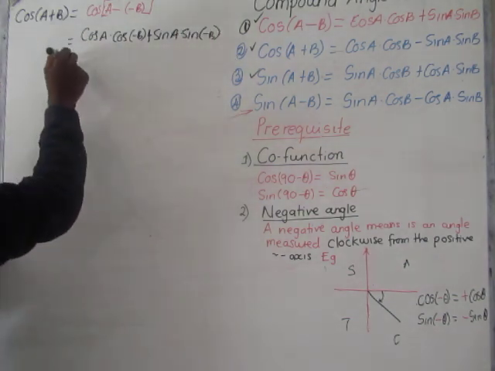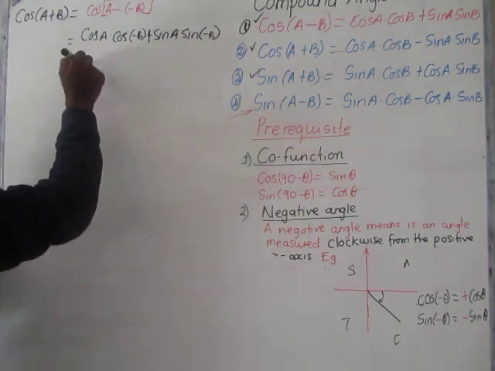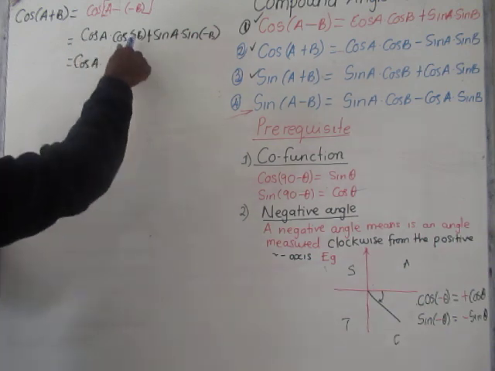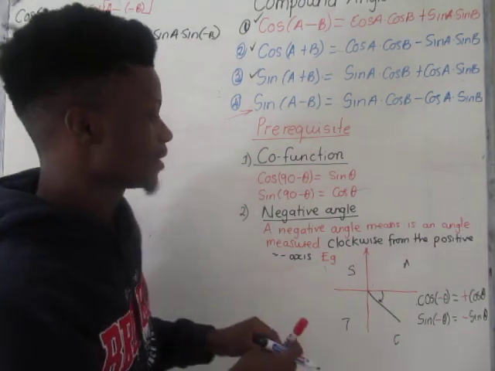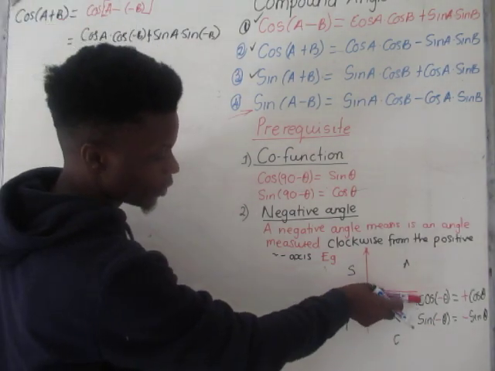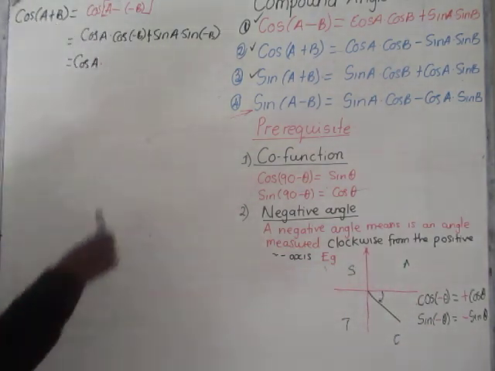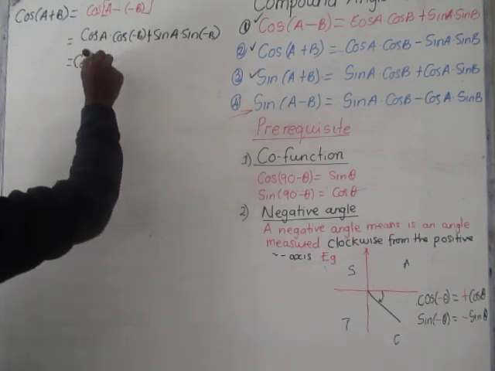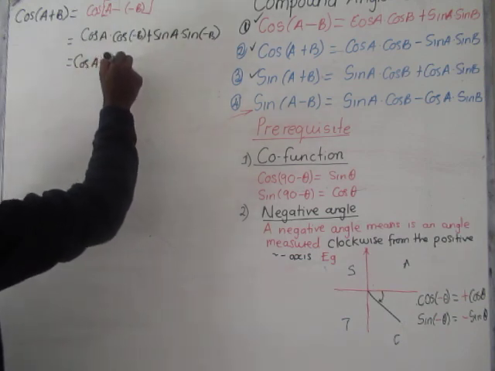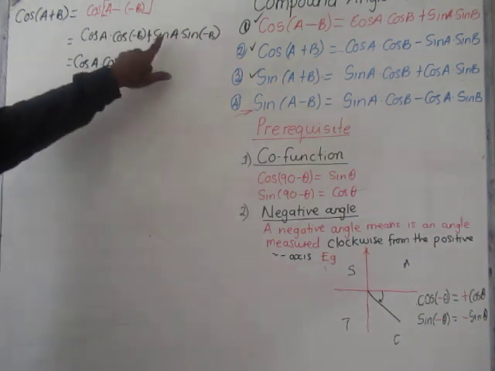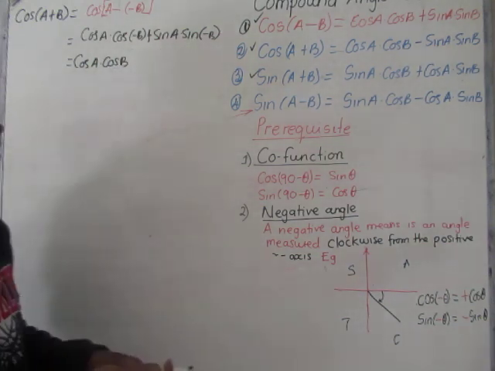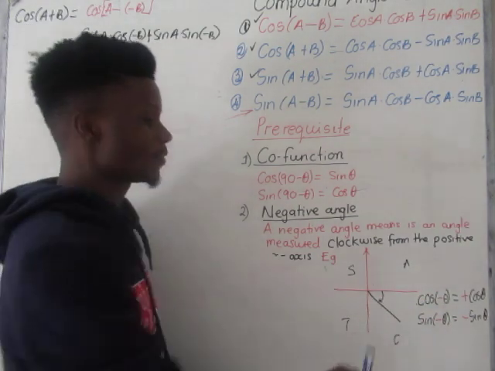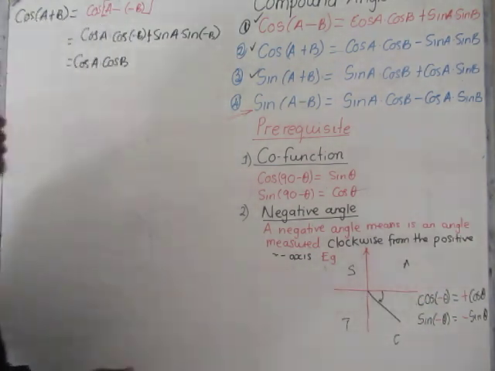This simplifies to cos A times cos(−B). That's an angle measured from the positive x-axis clockwise, so it's in the fourth quadrant and cos is positive, so this is cos A cos B. Then sin A is positive, but sin(−B) is an angle in the fourth quadrant, and sine is negative in the fourth quadrant.